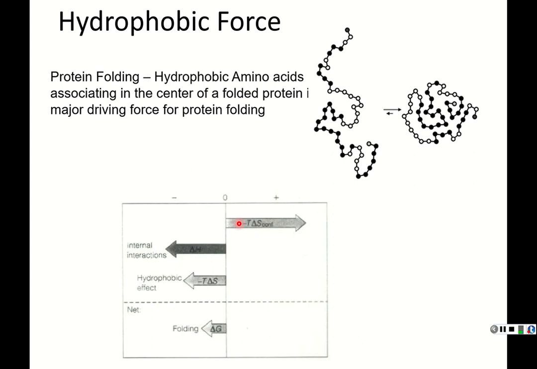The entropic cost of this is pretty high because in this form you have more disorder, more range of motion, and when you're completely folded, there's very little range of motion. It's way more ordered. So you have a big entropic cost. The internal interactions, like hydrogen bonding, offset some of that, but the other part that's important is what's known as the hydrophobic effect, and that's what really allows and drives protein folding.